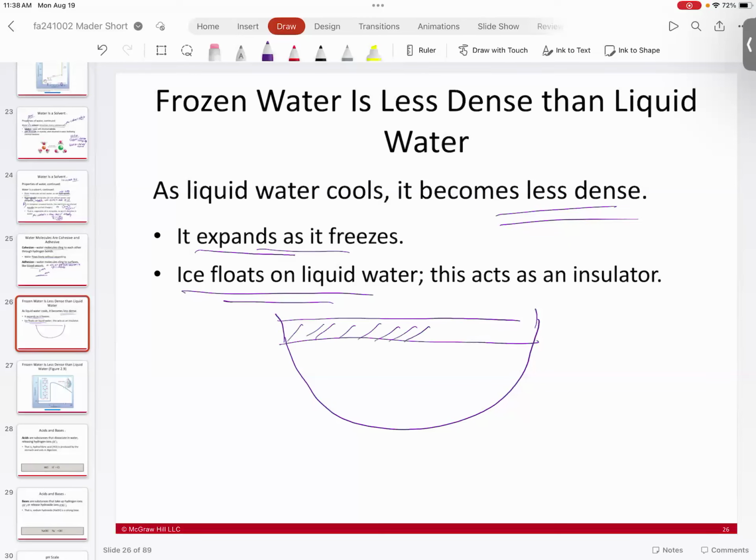But if ice was more dense than water, it would sink to the bottom, and then the next layer would freeze and then sink, and then freeze and sink, and eventually what you would end up getting is a solid frozen through lake, and that wouldn't be amenable to life. Okay, so the fact that you actually have a living aquatic ecosystem underneath ice shelves is a testament to the density issues of water.